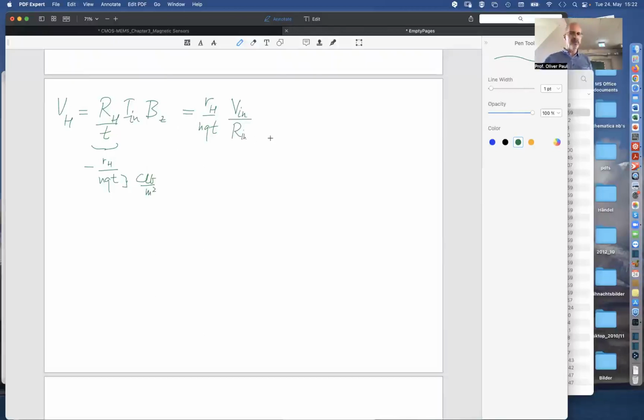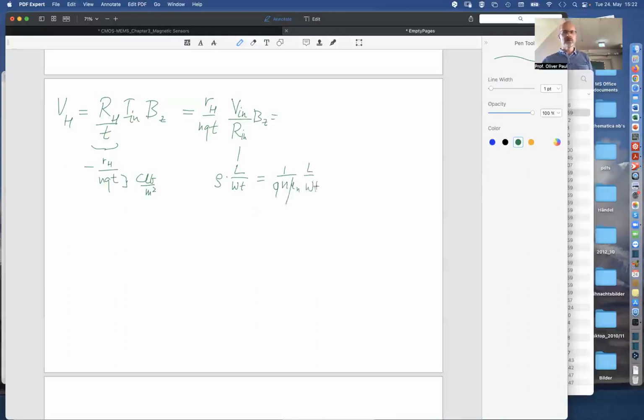Let's call it Rin. Times BZ. And what is Rin? Rin is rho, the resistivity, times the length of the device divided by the cross section, WT. What is rho? Rho is 1 over conductivity. It's 1 over sigma, which is 1 over Q and mu, times L over WT.